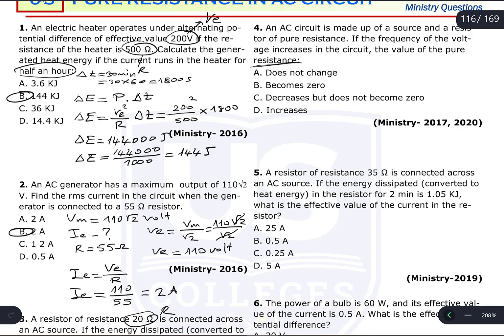Resistance value does not change with the frequency, because the resistance of a conductor only changes by its length, by its cross-section area, by its type, and also temperature can affect the resistance. Nothing else can change the resistance of a conductor. That's why it doesn't change with the frequency.